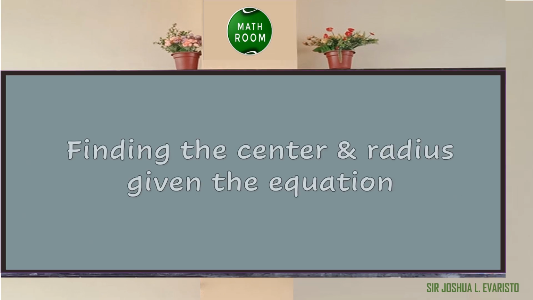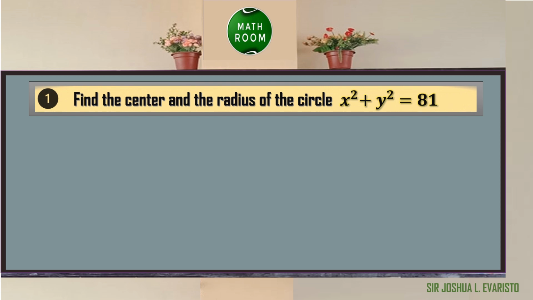Our next topic is finding the center and radius given the equation of a circle. Number 1. Find the center and the radius of the circle x squared plus y squared is equal to 81. The center is at the origin, or 0, 0.